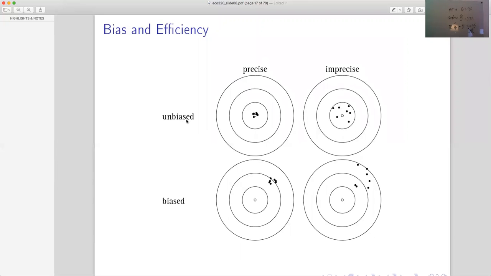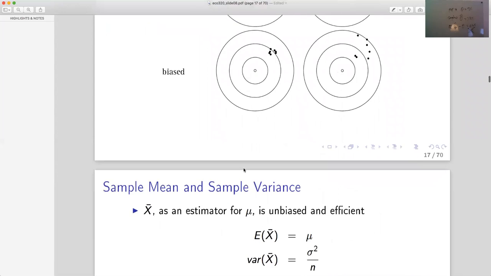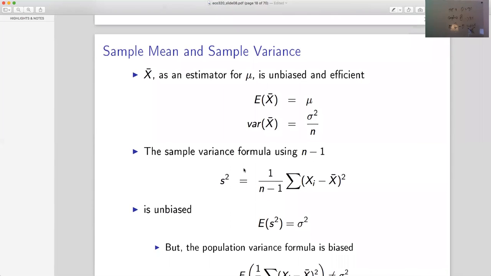On the other hand, this one has bias, but the variance is small. This one has bias and is imprecise, with large variance. This is the worst, but in most cases in statistics, you're going to be choosing between the second one and the third one. So there are already trade-offs, as we discussed in our previous graph. This one is imprecise but unbiased, and this is biased but precise. So which one would be better?